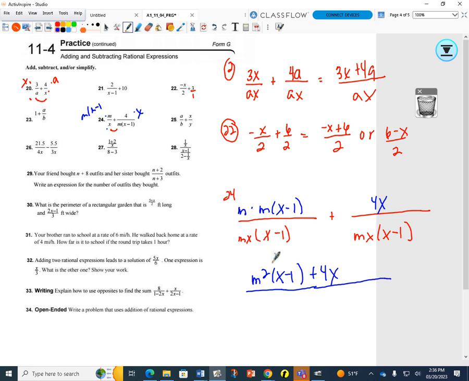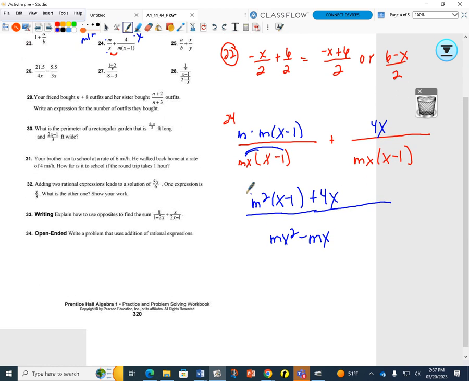I'm going to go ahead and write this as mx squared minus mx. We just simplified here. And now I need to simplify my numerator a little bit more. So I'm just going to distribute. So I'm going to have mx squared minus m squared plus 4x all over mx squared minus mx.